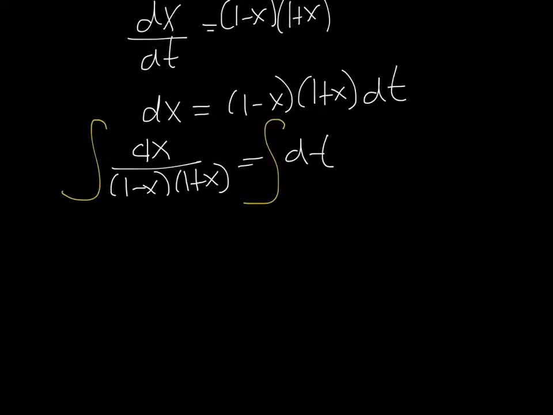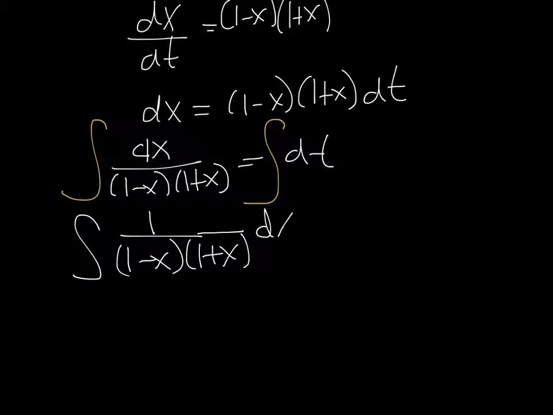We are going to use partial fractions with this expression, right? It's really 1 over this guy, in order to make the integration easier. Let me go ahead and write this out.